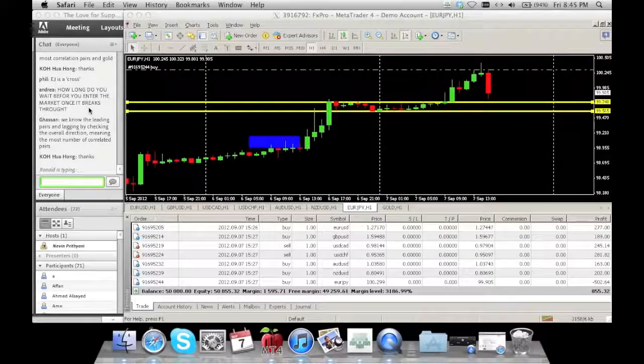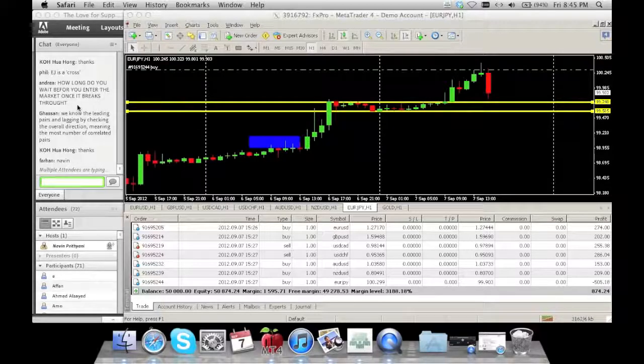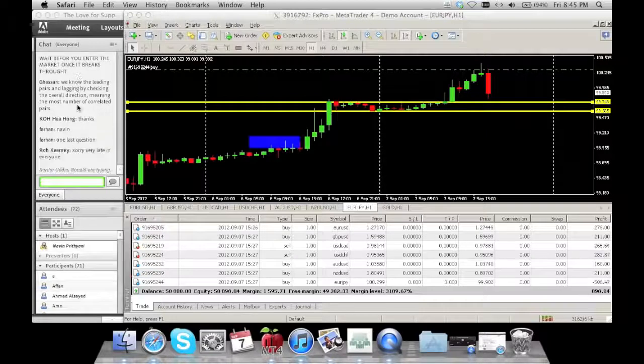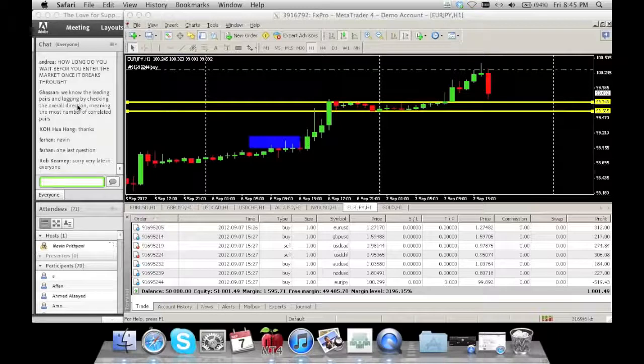Andrea, how long do you wait before you enter the market once it breaks through? Well, again, the support and resistance levels are not an entry zone unless you're using correlation.